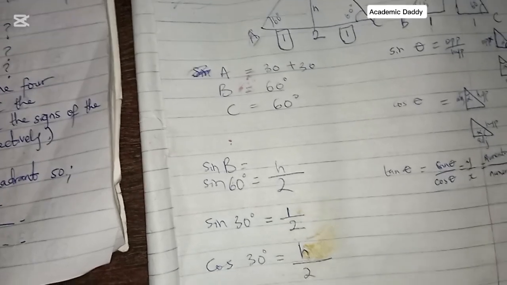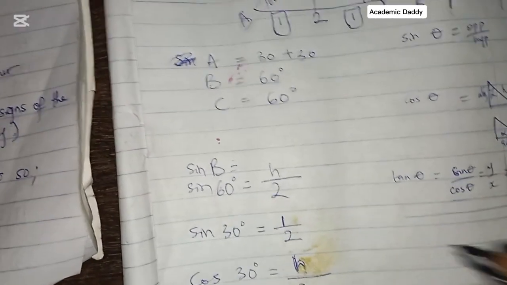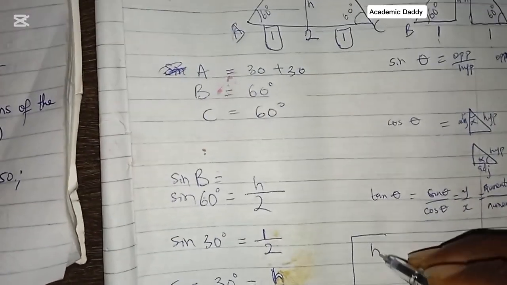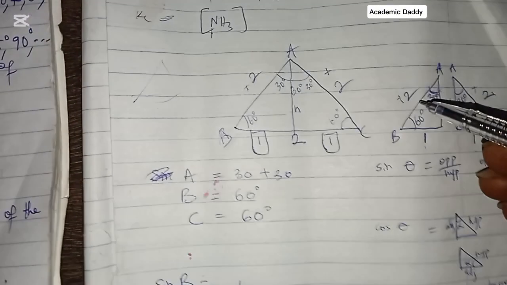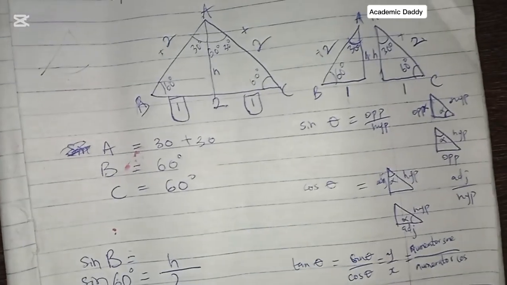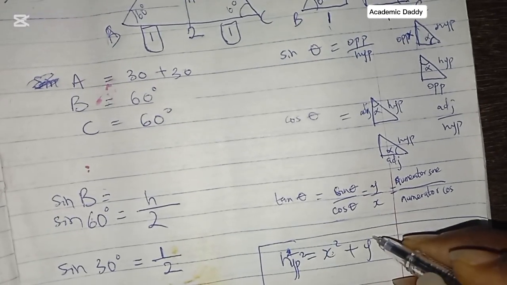So now that I know this, I don't want to be carrying h. There's nothing like h. But we can go to Pythagoras. Remember that Pythagoras gives us that the hypotenuse square is equal to x-axis square plus y-axis square.